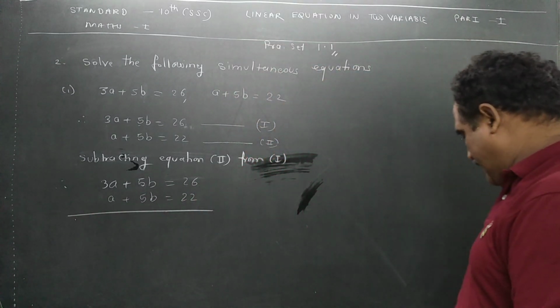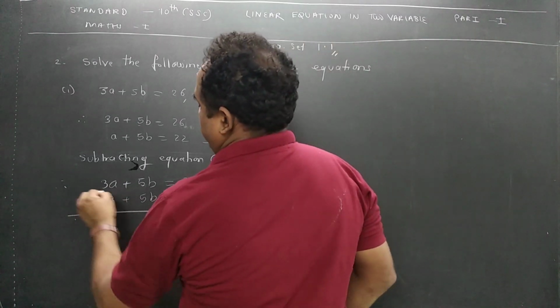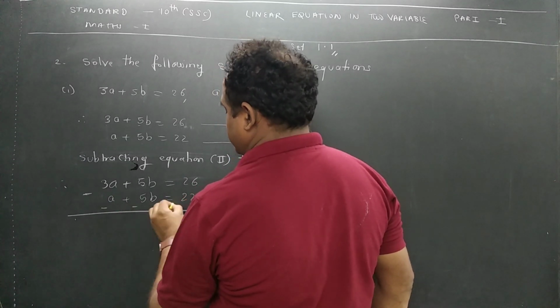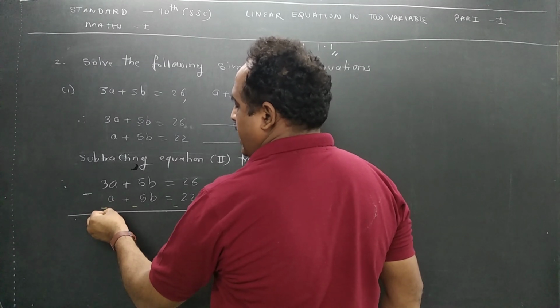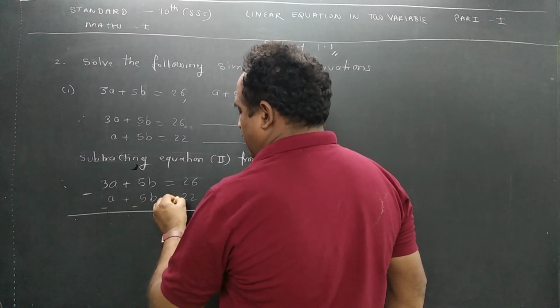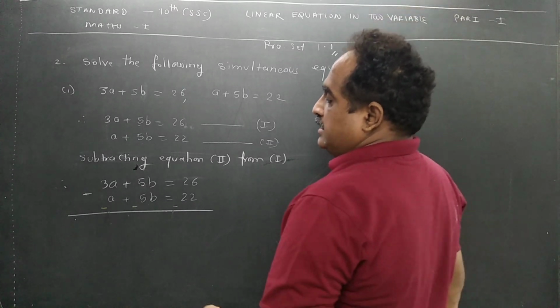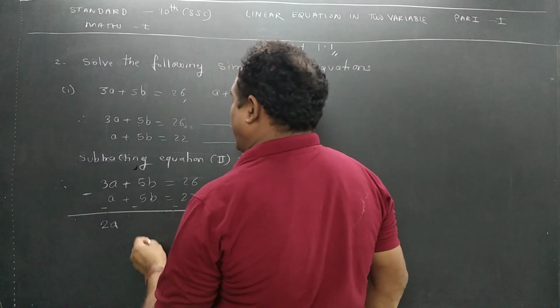When you are subtracting, you must take care that you are going to subtract it, right? So the terms of the lower equation must change sign. So plus here, plus becomes minus, and here also plus becomes minus. So 3a minus a is nothing but 2a.